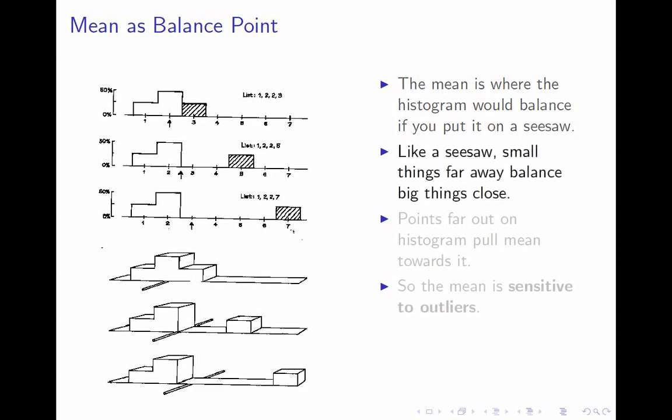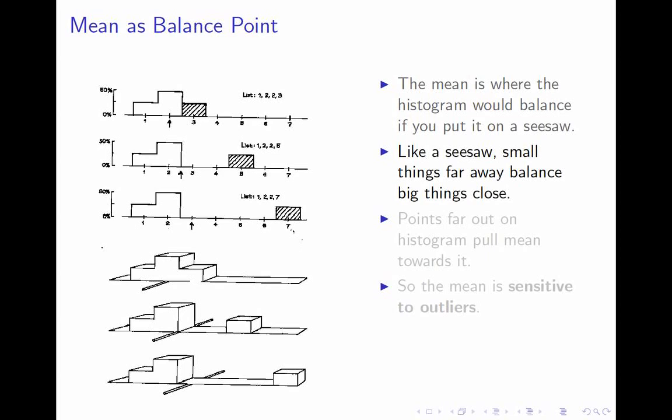But now I want you to imagine moving that point 3 to a bigger point. Replace 3 with 5. Now we have a unimodal skewed right distribution, just to remind you of our terminology. And now, if you average those numbers, you get 2.5.